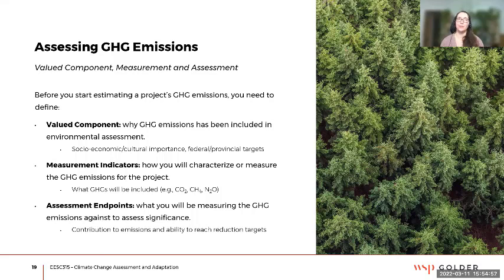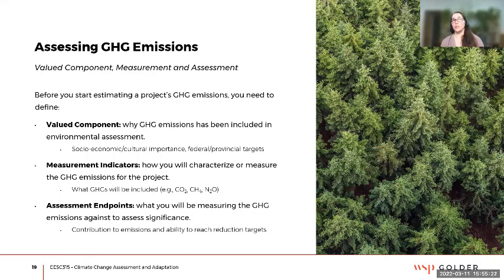It's just there. So it's better just to put it forward as a valued component and look at it in terms of its socioeconomic and cultural importance. So it's impacting how people live and work, but then there's also the impact on the federal and provincial targets. And some of the drivers for identifying it as a value component are also going to come into play when we get to the assessment endpoints.